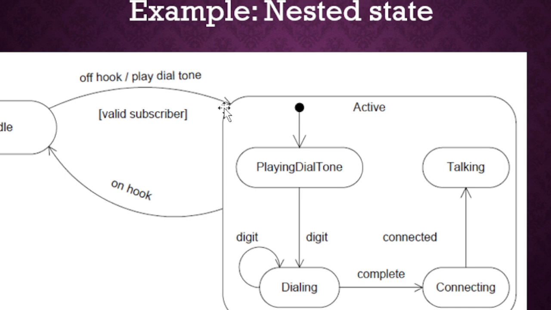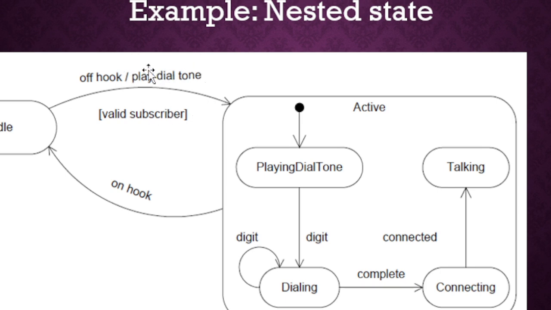You see the big box, which is called active. Actually this is the example of receiving a call. Here we have the idle state, and off hook means that you have to play the dial tone, but only if you are a valid subscriber. So you have put a condition here: if you are a valid subscriber and you go off hook, the dial tone should be there.